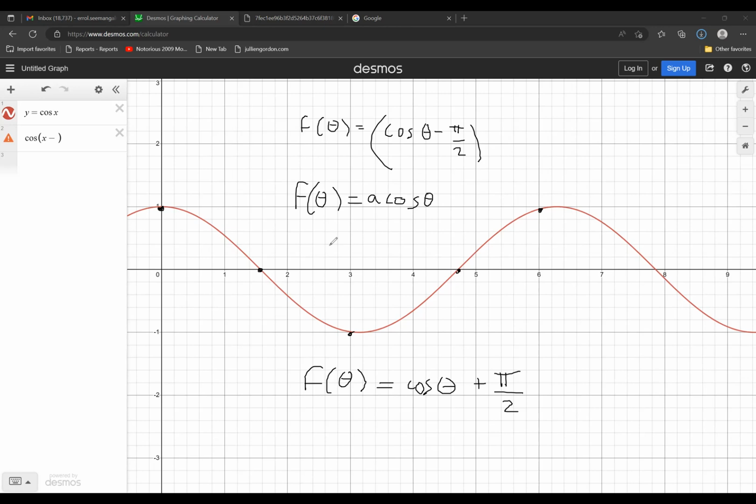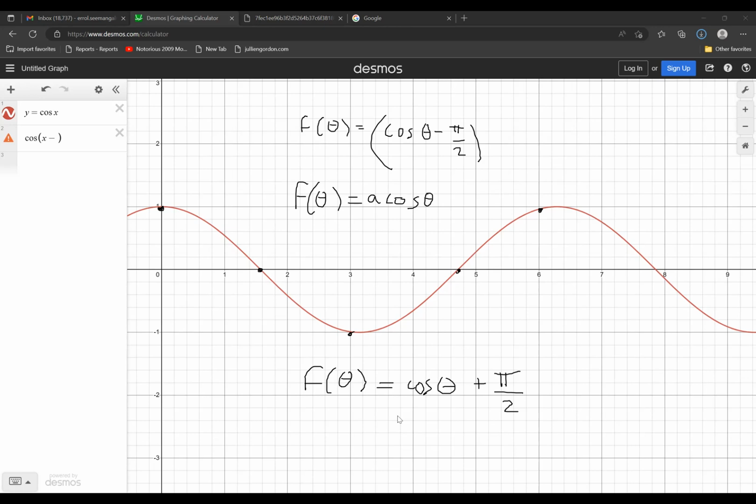So a few things could happen: compression or expansion, and then a shift either left or right, or a shift up or down, or all 3 at the same time. Or one of those 3, 2 of those 3, or all 3 of those 3. It's basically you take that standard sine or cosine graph and do something to it.